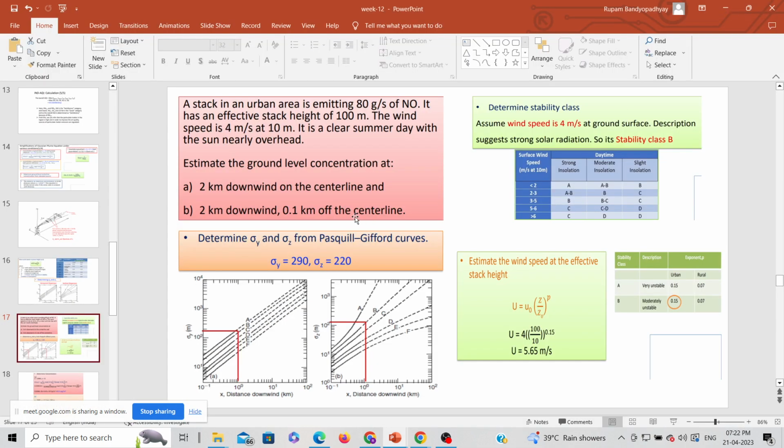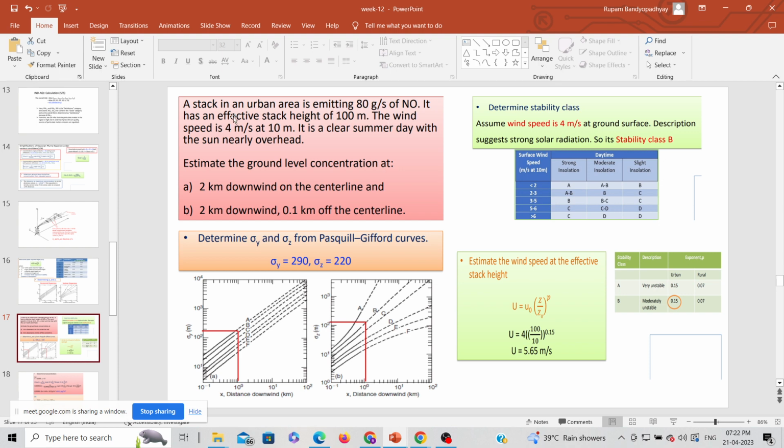A stack in an urban area is emitting 80 gram per second of NO, and it has an effective stack height of 100 meter.